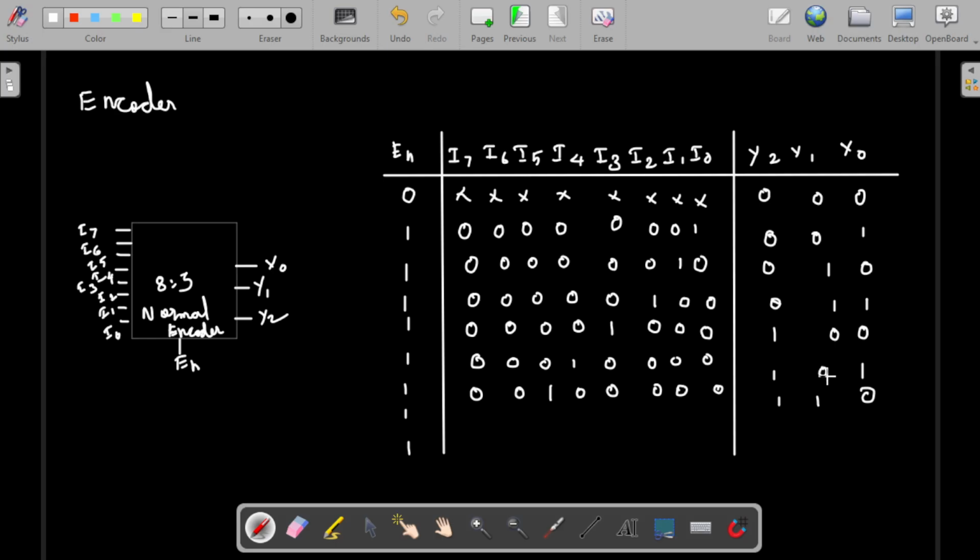I think this is 6, 1 0 1, right? So 1 2 3 4 5 6 7. This is the last one. So I missed one thing: here it will start from 0. So this is 0.